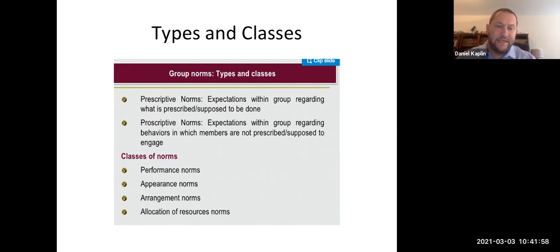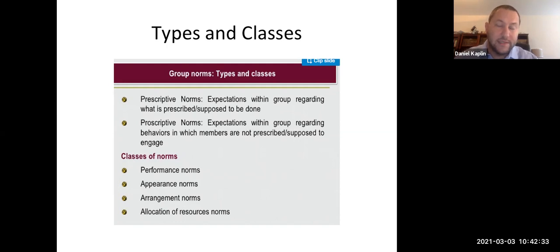Performance norms are expectations related to what you say or what you do, and if you don't say, how you handle not sharing within a group. And then allocation of resources and arrangement norms. So an allocation of resource would be, if a group is working, you might clarify that you're not always going to be able to provide everyone with the same amount of attention depending on the conversation.